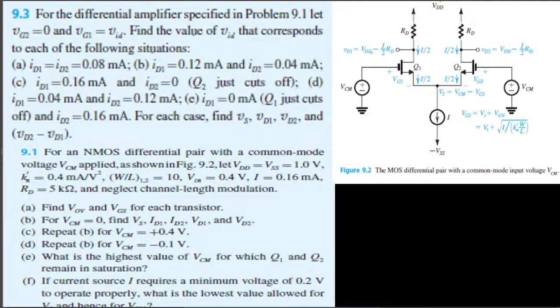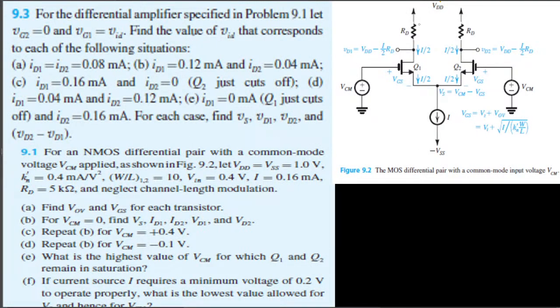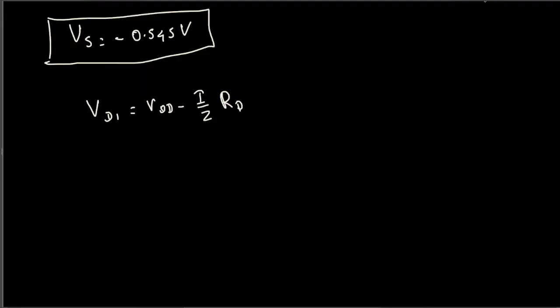So Vd1 is equal to Vdd minus I divided by 2 times Rd. I divided by 2 is nothing but the current flowing through the drain. That is given to us already as 0.12 milliampere, so we don't have to do anything extra.